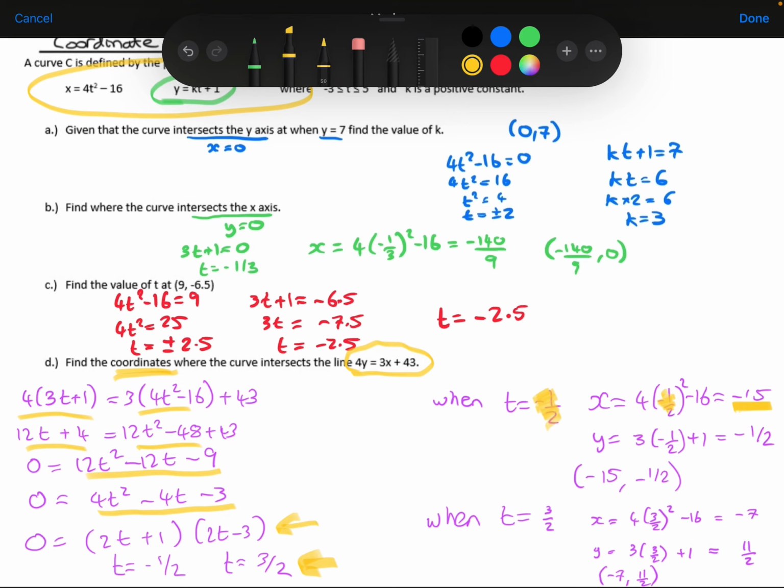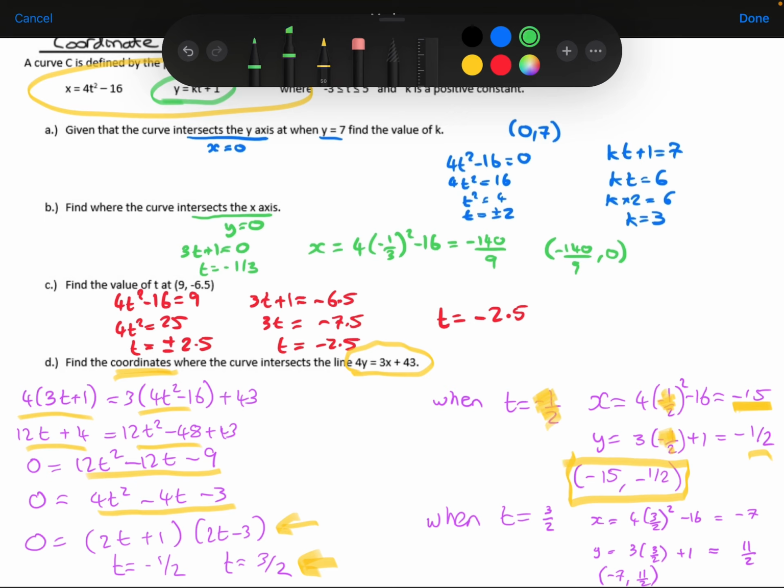And I've then substituted the t parameter, the minus 1/2, into my y equation. 3 times minus 1/2 plus 1 is minus 1/2. So when t is equal to minus 1/2, the curve intersects the straight line, and that is the coordinate.